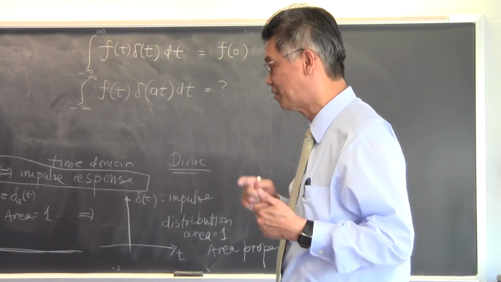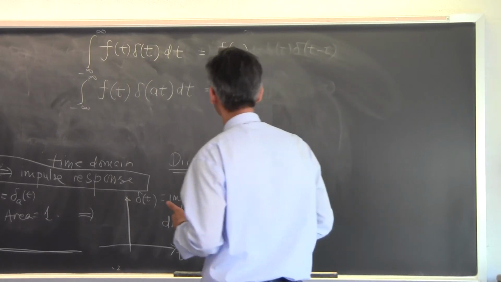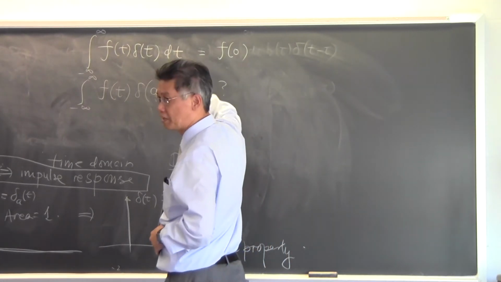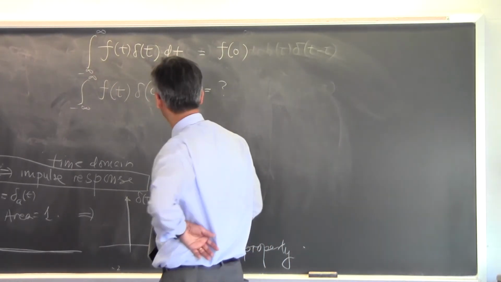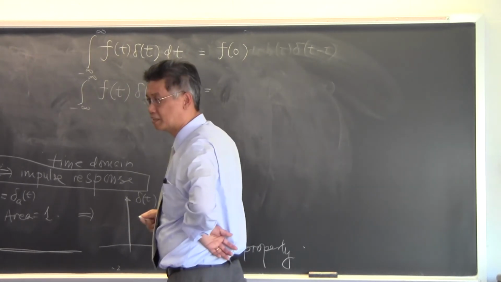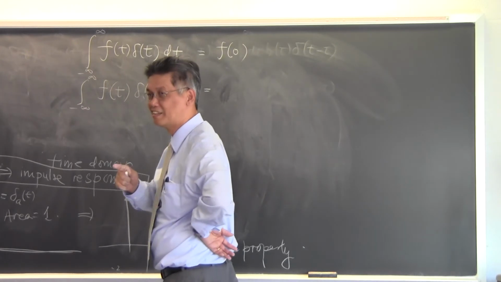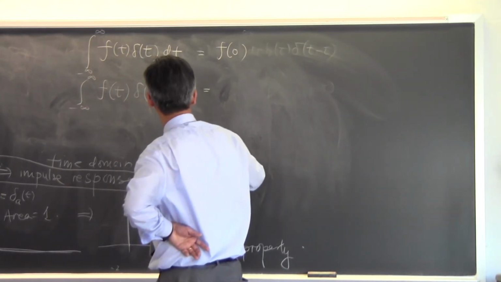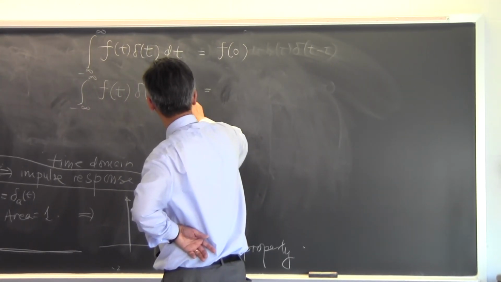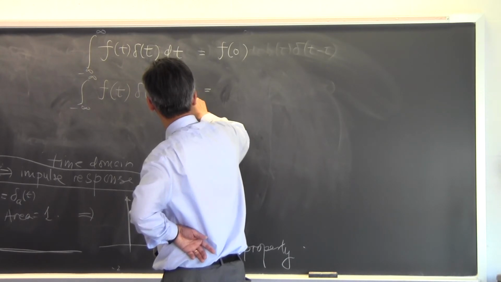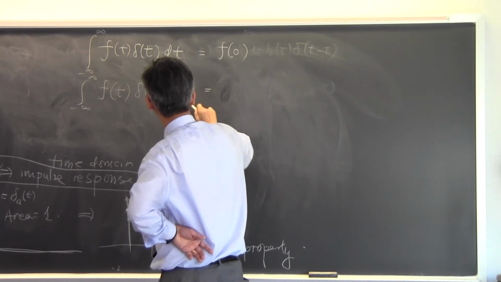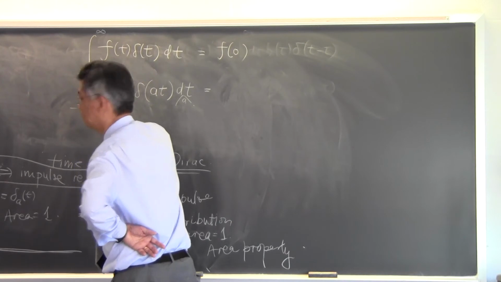Okay, to see if that's correct, we have to do a change of variable so that the two integrals look alike. What is that? Yeah, you're correct. You're jumping ahead. Okay, you're very clever. So what you do is put an a over here, put an a in between here and divide by a.